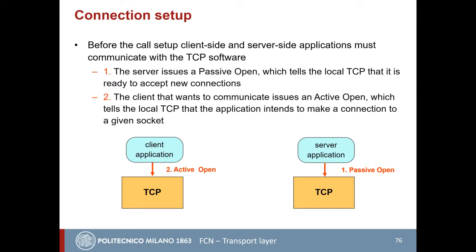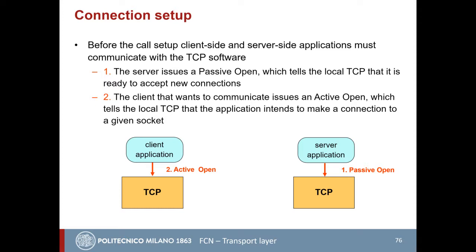So in order to be listening for client requests, the server application has to open a socket on the server side. This socket is called the welcome socket, and is opened using the passive open command.